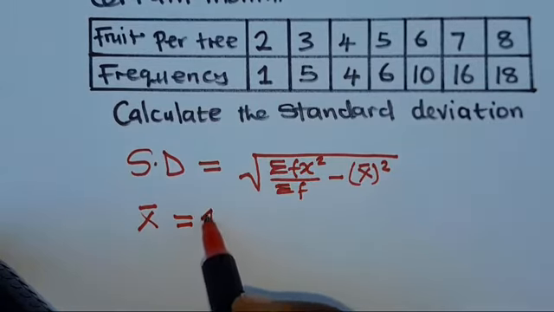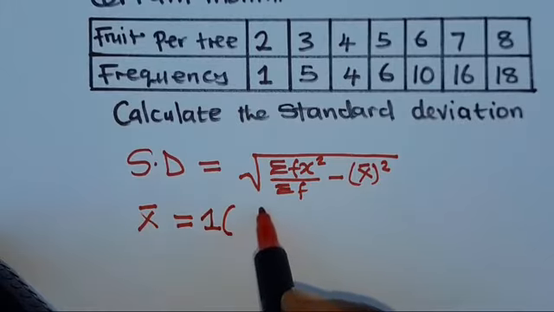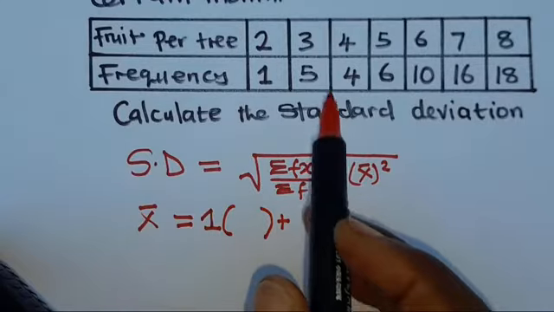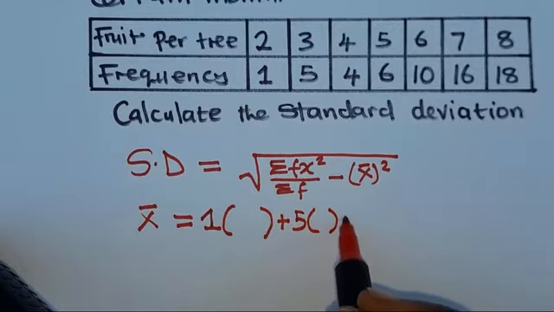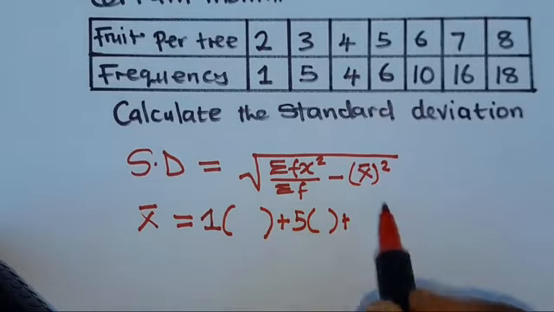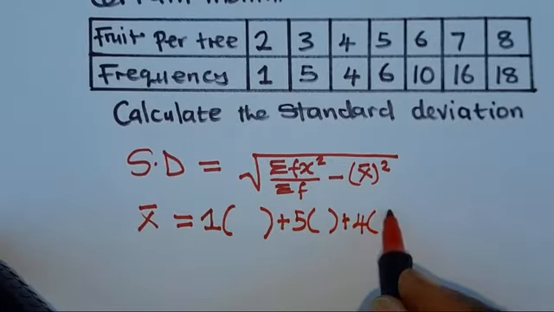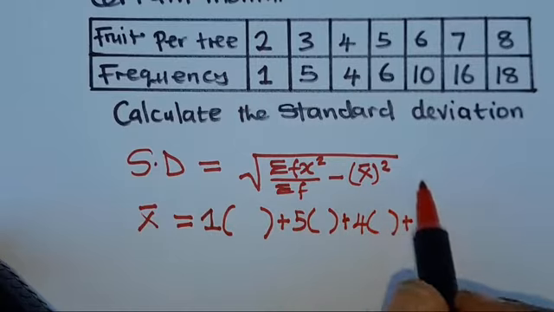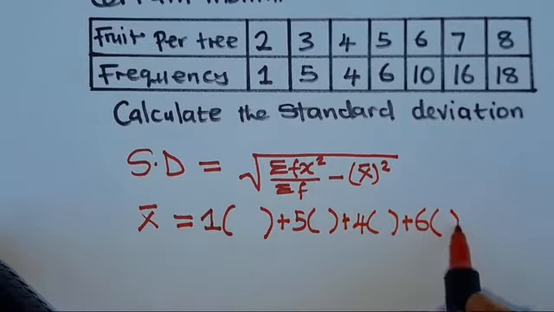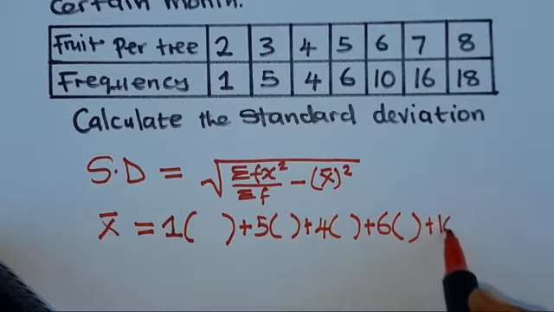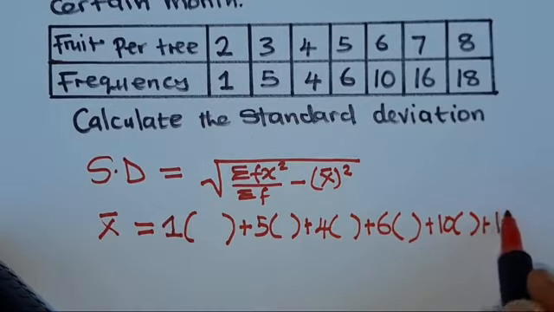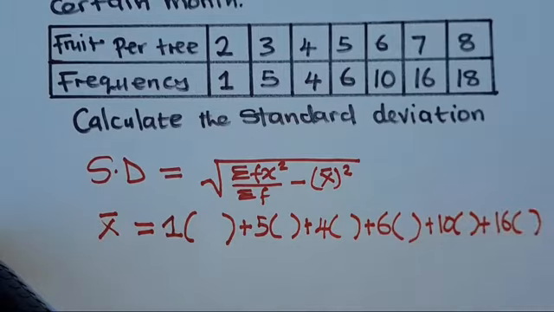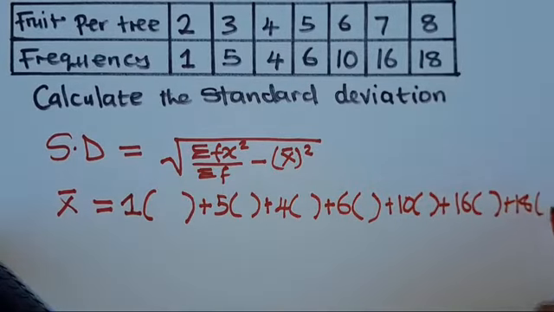The first frequency is 1, then open and close brackets, plus the second frequency is 5, then open and close brackets, plus 4, open and close brackets, plus 6, open and close brackets, plus 10, open and close brackets, plus 16, open and close brackets, plus 18, open and close brackets.